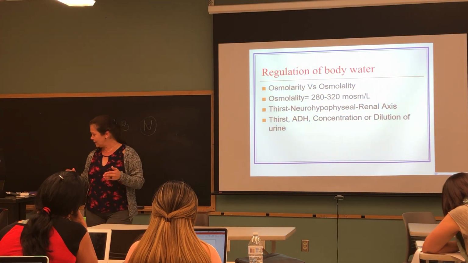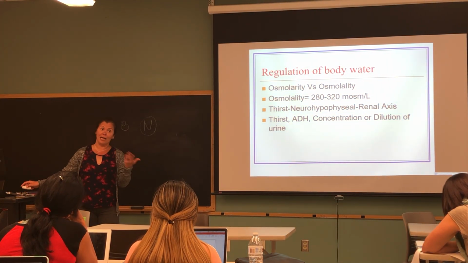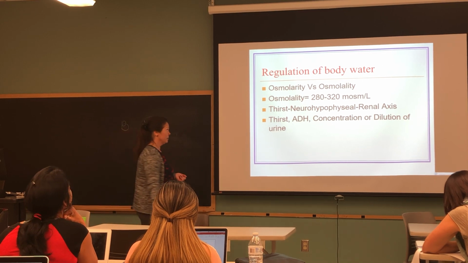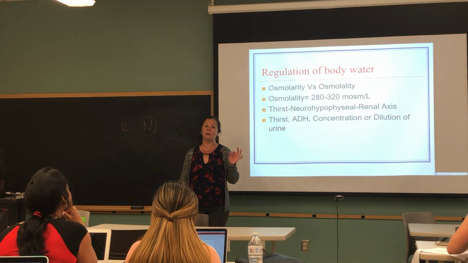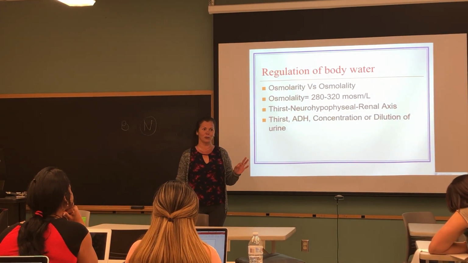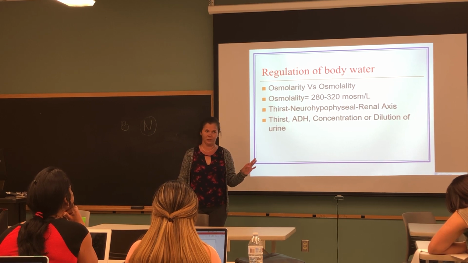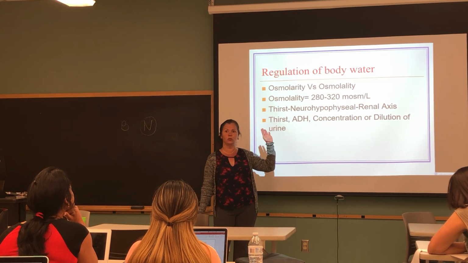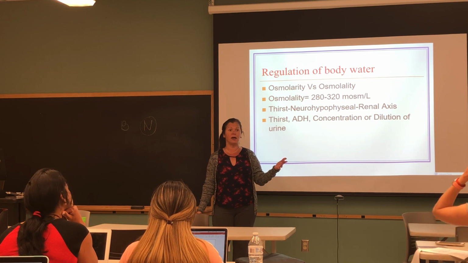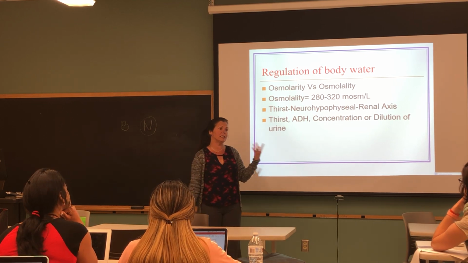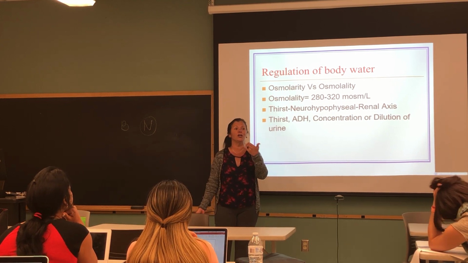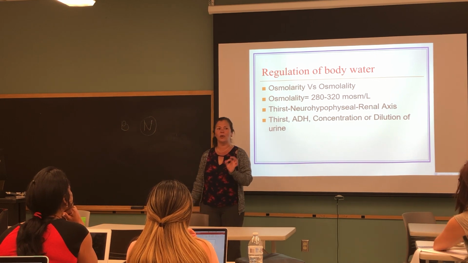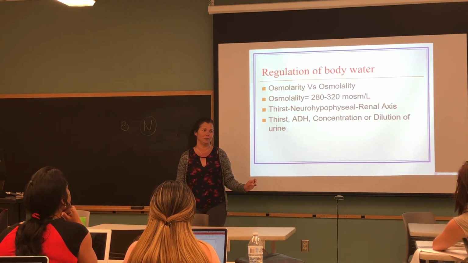So, there's a discrepancy about the values of osmolarity, but the most agreeable value is not up to 320, okay? It's 280 to 300. In some books you have 280 to 296. So I will tell you to memorize 280 up to 300, okay?